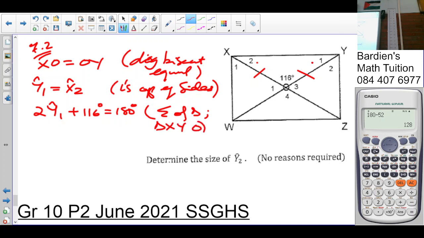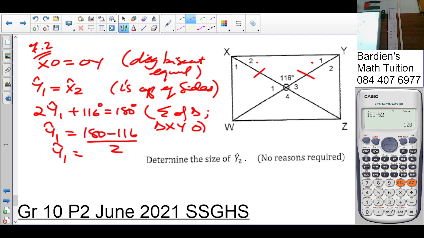In almost every geometry sum, I put this first. You need to do this method here. We have to work out using this format. So it's going to be 180 minus 116, divided by 2.